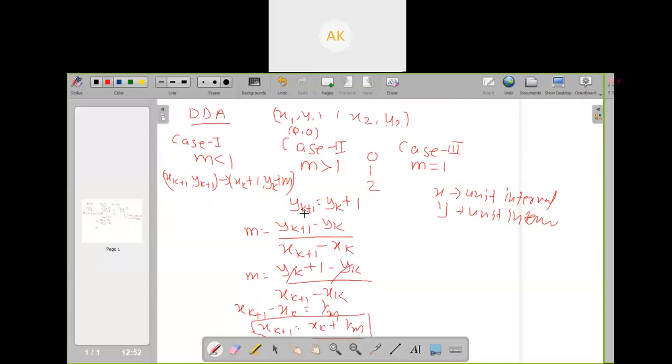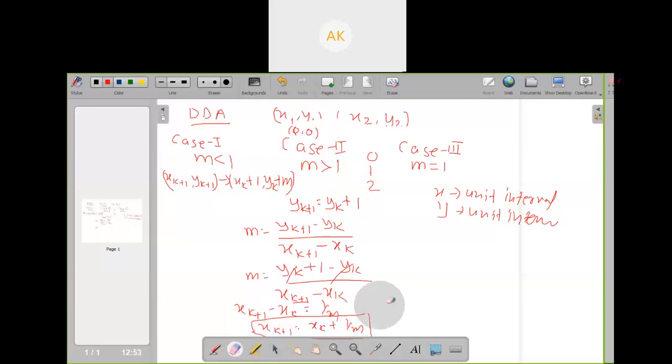I am putting this value yk plus 1 equals to yk plus 1 in this equation of slope. Yk plus 1 will be replaced with yk plus 1, yk cancels, and just calculate the xk plus 1 value. Xk plus 1 equals xk plus 1 by m.